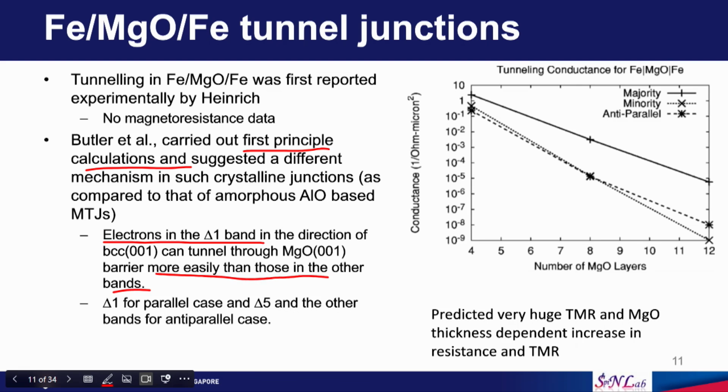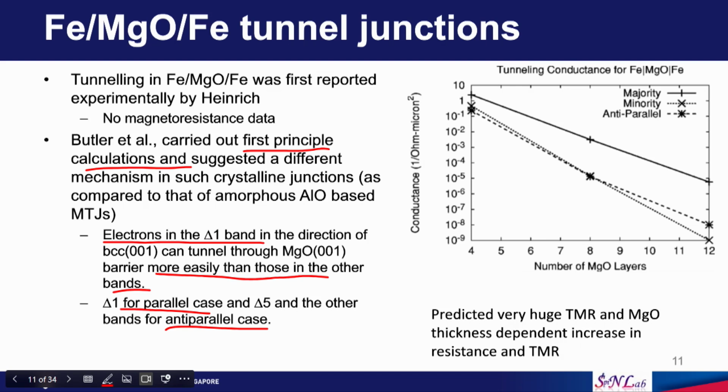So if you consider the tunneling for the parallel case and the anti-parallel case, there will be a huge difference, which can lead to a high tunneling magnetoresistance. Okay. So this is what he predicted.